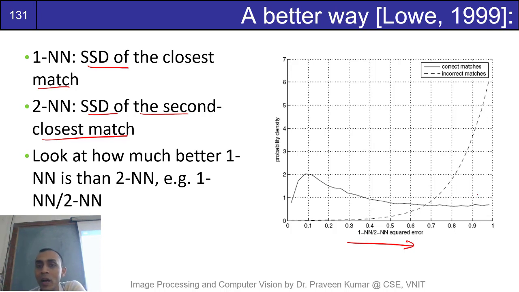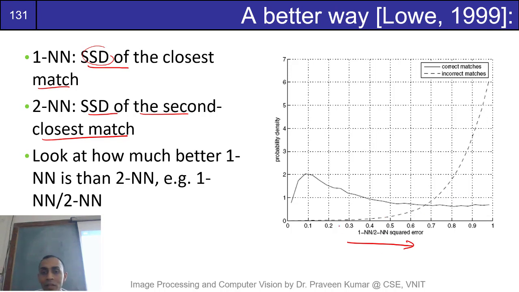Now this graph gives us a better idea where to put the threshold, because as we said again, when there is going to be a good match, the first value should be very low, and the second value will be higher than the first value. So in that case, that ratio will increase.